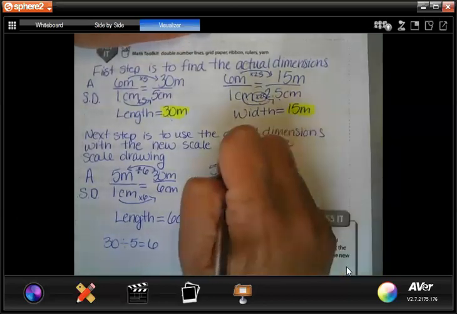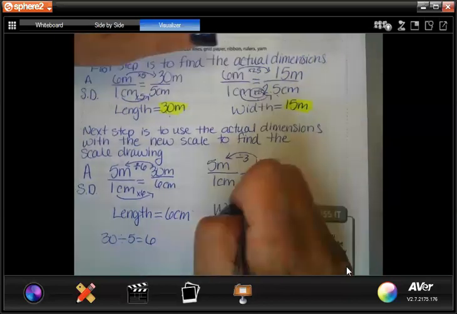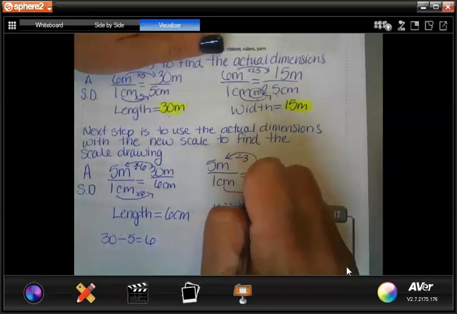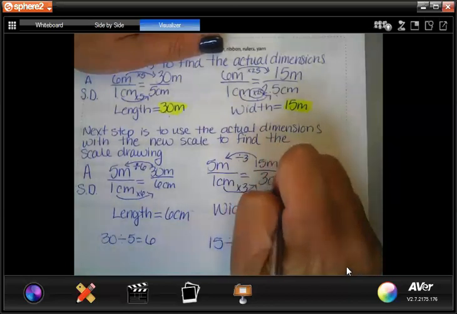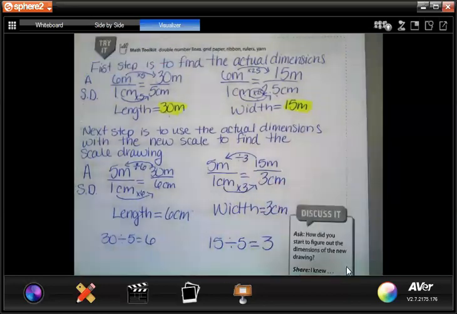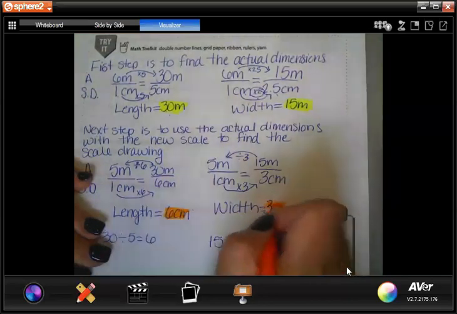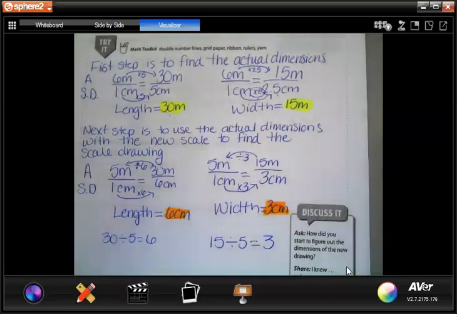So now working the other way, 1 times 3 is 3. So our width is 3 centimeters. And there's the dimensions of our new scale drawing.